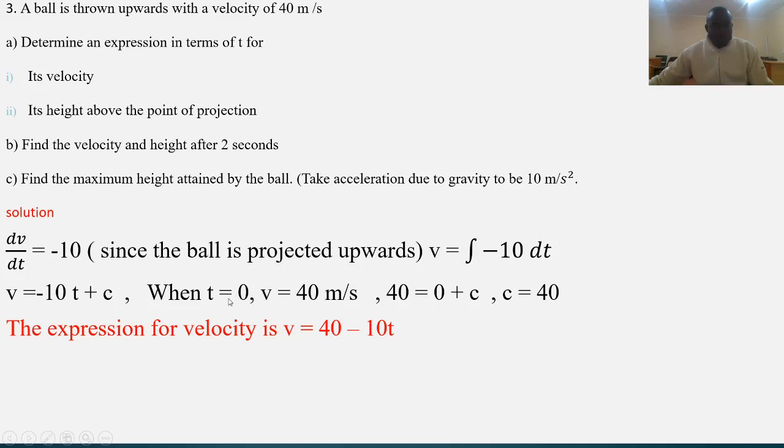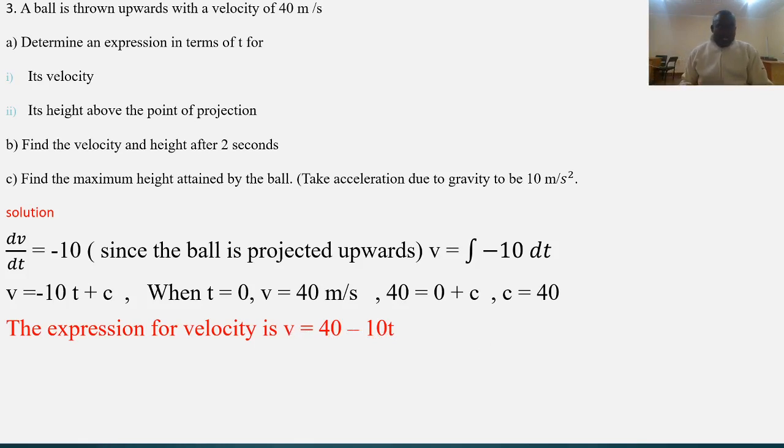So when t equals 0 and v equals 40, I substitute: 40 equals 0 plus c, meaning c equals 40. Therefore the equation is negative 10t plus 40, which is the same as 40 minus 10t. That is my v.